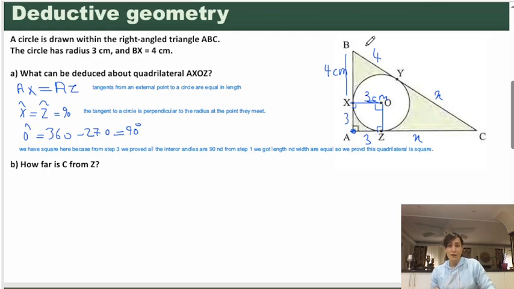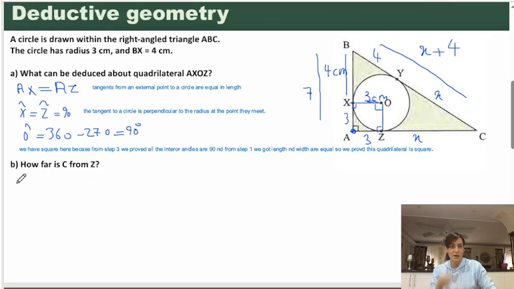For a right triangle, Pythagoras theorem says the hypotenuse to the power of 2 equals this length to the power of 2 plus this length to the power of 2. My hypotenuse is x plus 4. And here I have 4 plus 3, which is 7. Here I have 3 plus x.